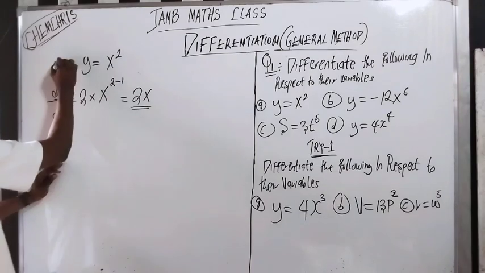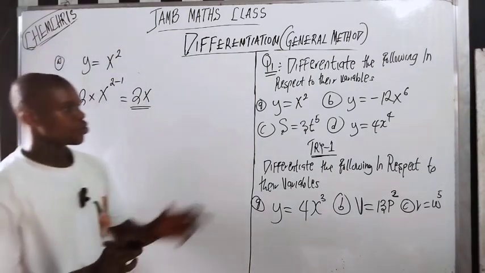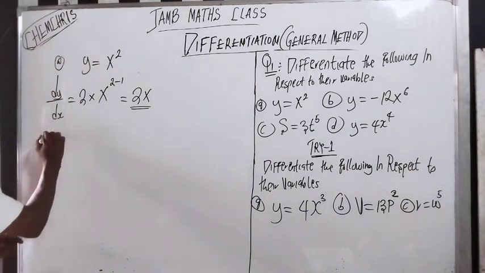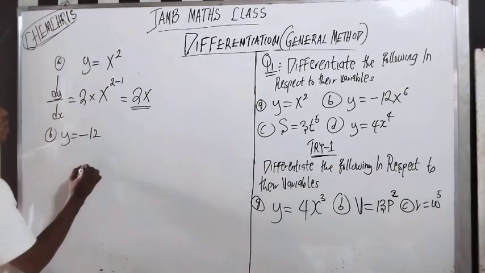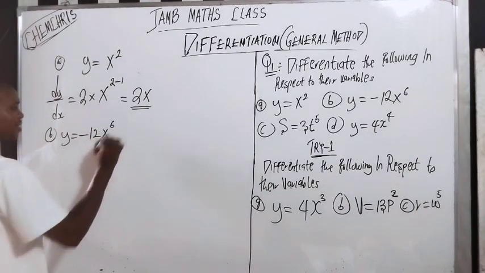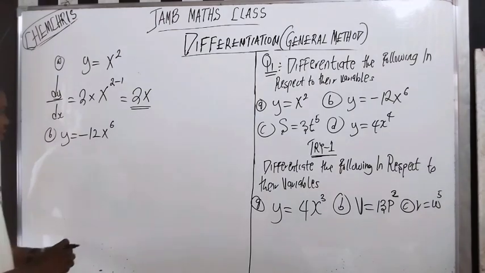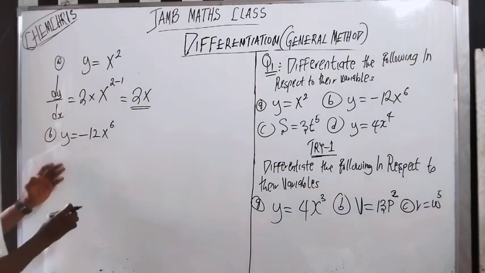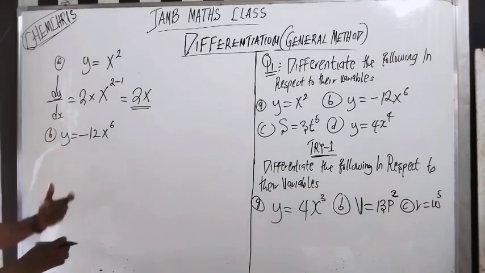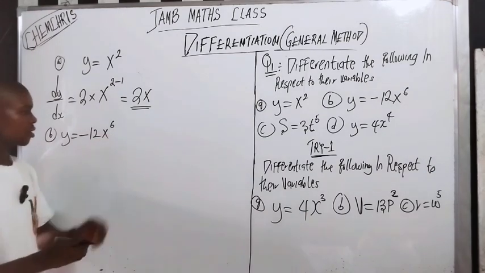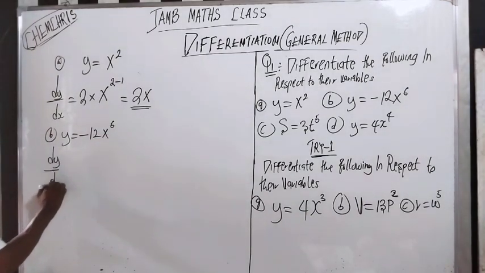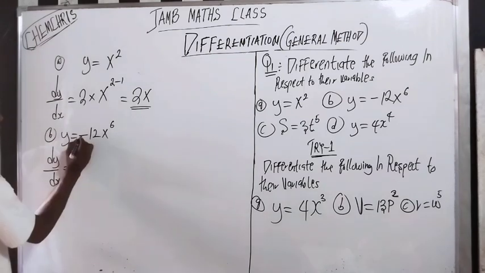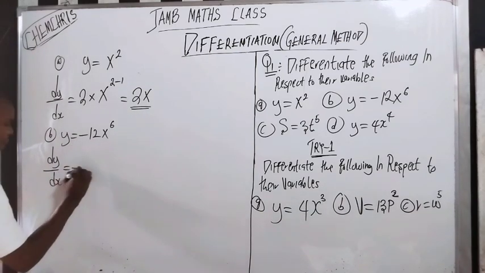So here we have our part A. So let's look at the B part. The B part here we have y equals minus 12x raised to 6, right? How do we differentiate it? It's going to be dy/dx, so you are differentiating y with respect to x. So dy over dx equals, now remember there's already a negative sign here, so it's going to be minus. Good.